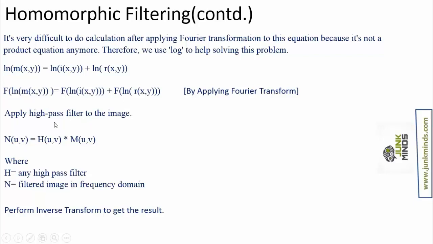After applying the high pass filter, your output will be n(u,v) = h(u,v) times m(u,v), where h can be any high pass filter, Gaussian, ideal or Butterworth, and n is the filtered image in the frequency domain. Once this is done, you perform the inverse transform on it to get your final result.